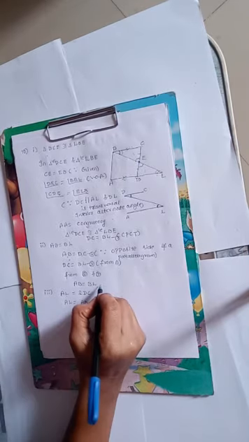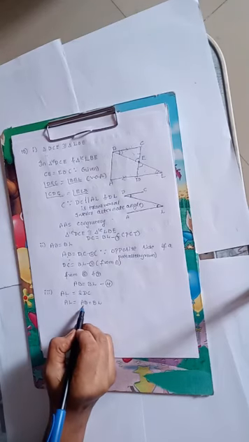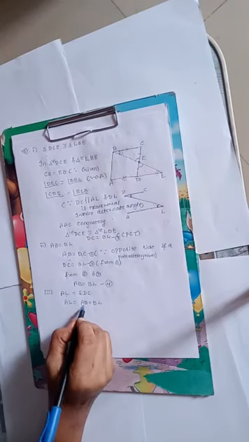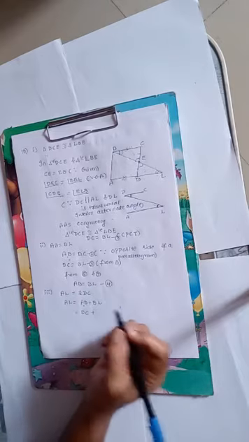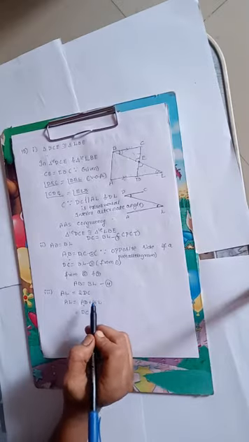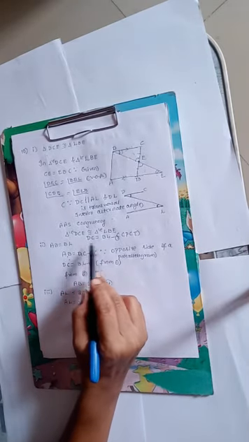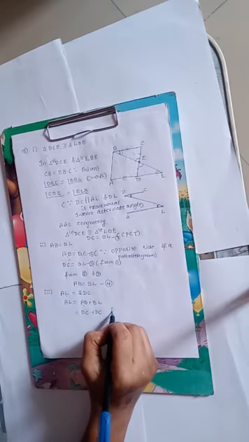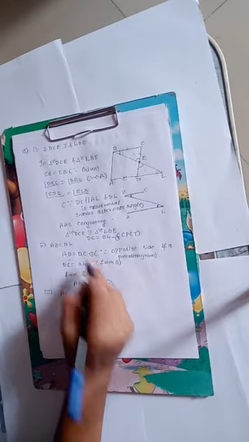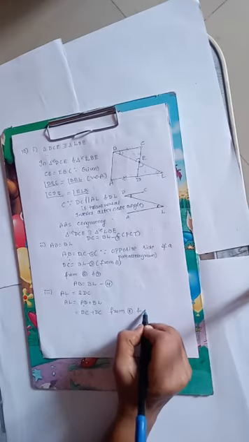Now observe here. I am going to write AB as DC. In the place of AB I will write DC, from 2, and in the place of BL I will write DC, from 1.